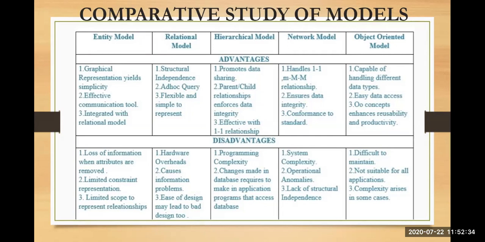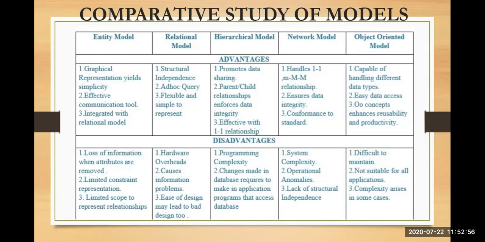Next comes your hierarchical model. The advantage of the hierarchical model is that it promotes data sharing through the parent-child relationship. Second, the parent-child relationship enforces data integrity. It always makes sure your data is correct and complete because there is a parent-child relationship. If you delete your parent, the child will also be automatically deleted.